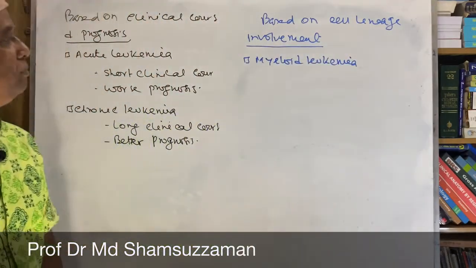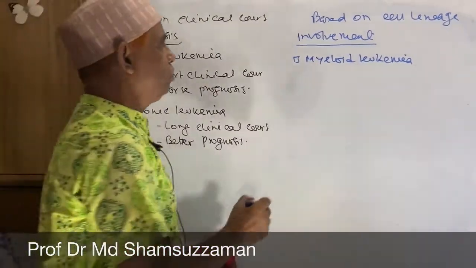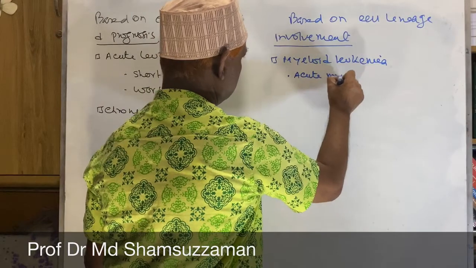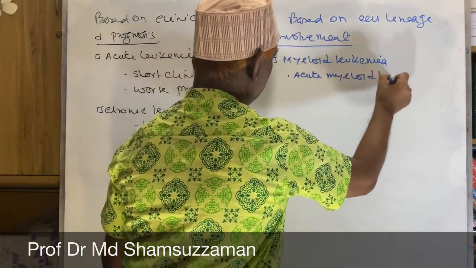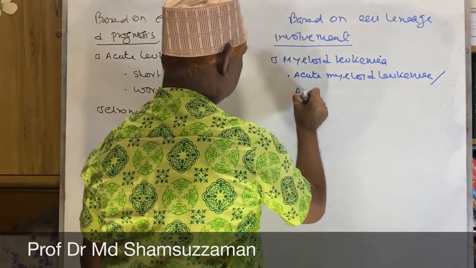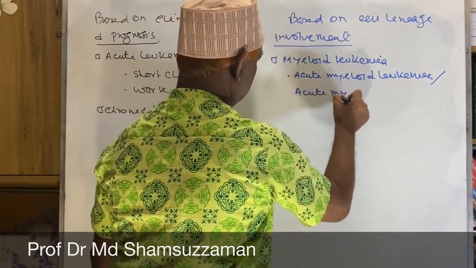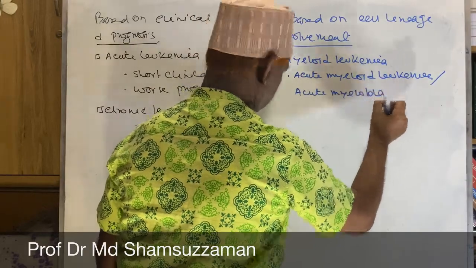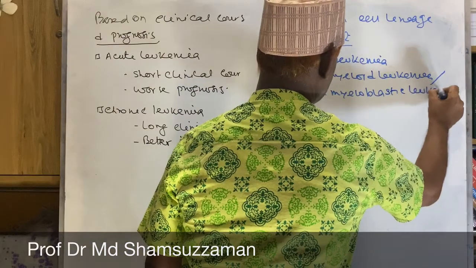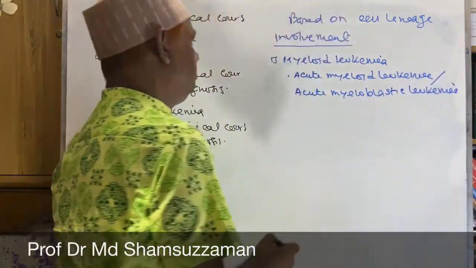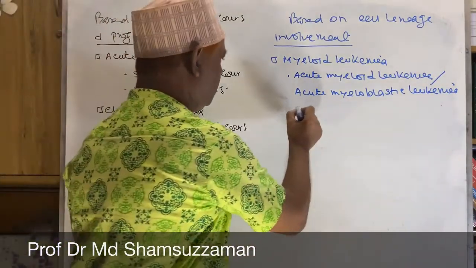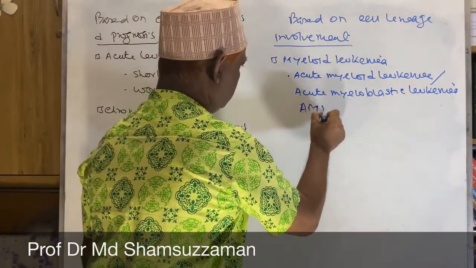Myeloid leukemia is of two types. One is acute myeloid leukemia, or it is called acute myeloblastic leukemia, abbreviated AML.